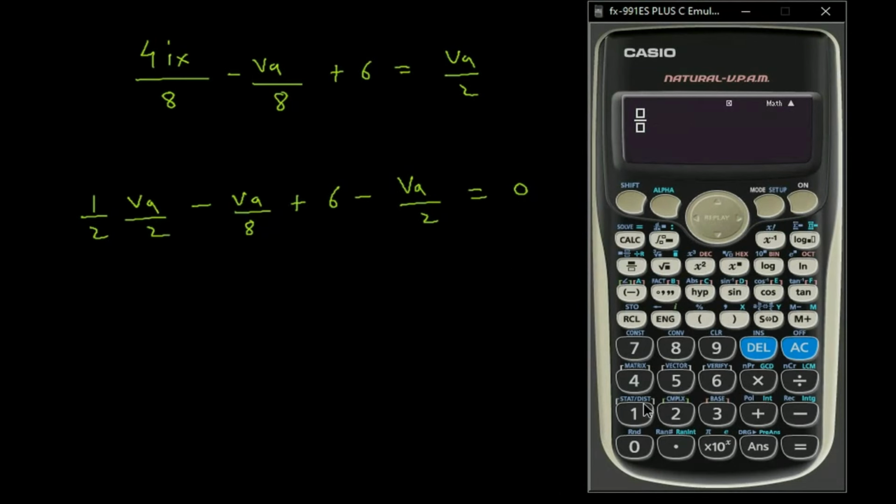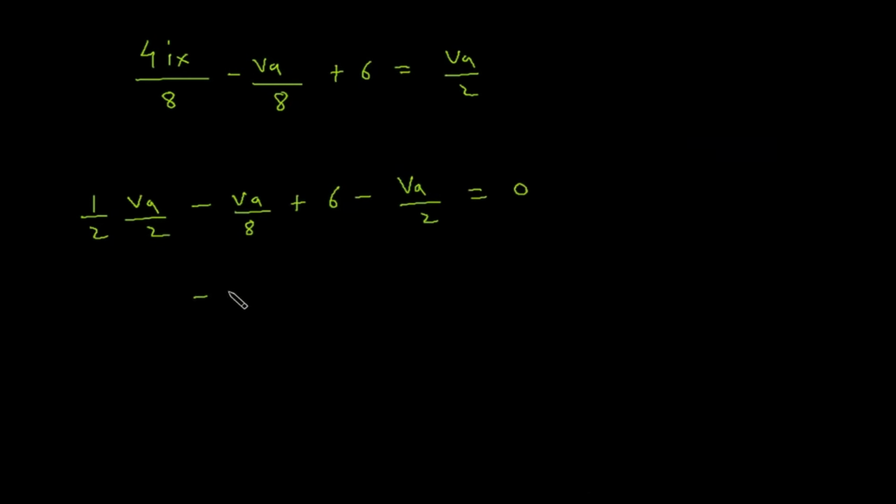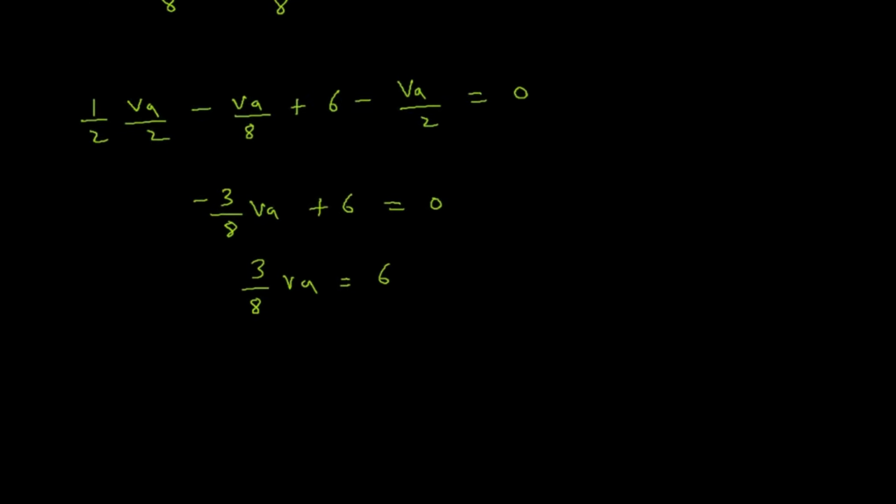So this will be 1 by 4 minus 1 by 8, then minus 1 by 2 or directly 0.5. So this will be minus 3 by 8 VA plus 6 is equal to 0 or 3 by 8 VA is equal to 6.